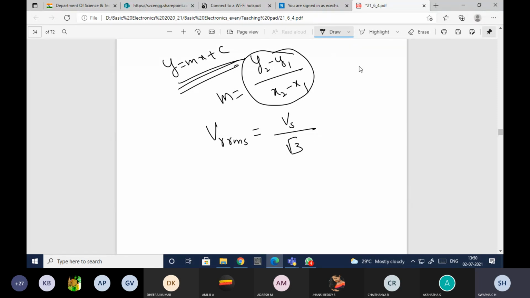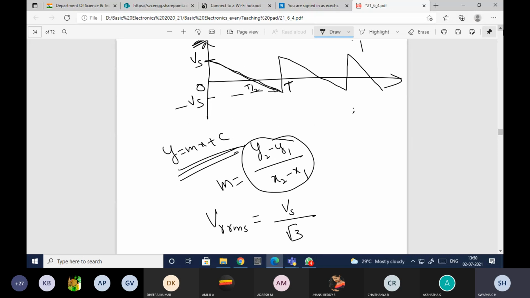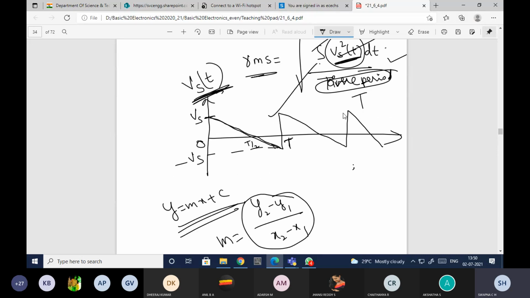You need not do the derivation or show all this directly.